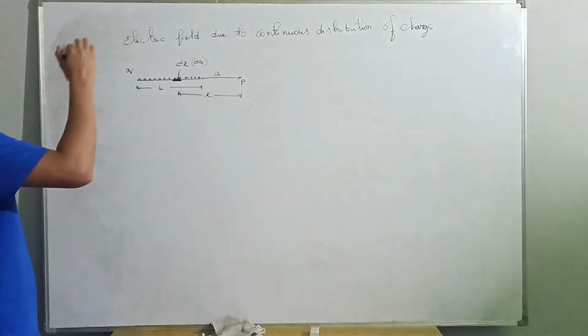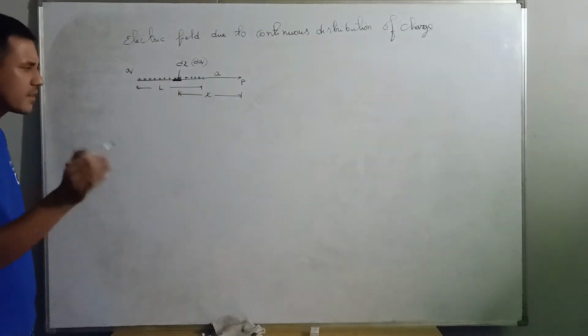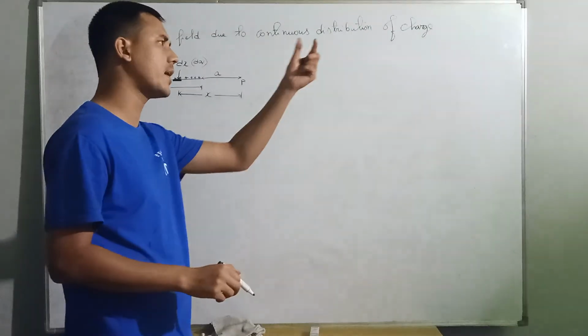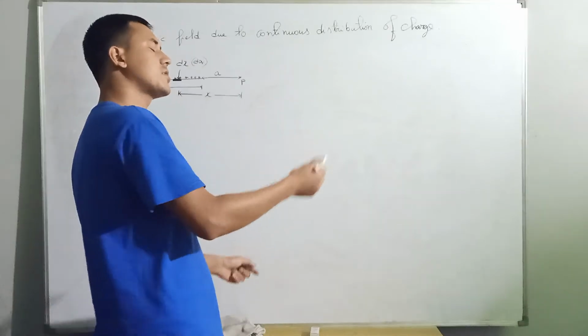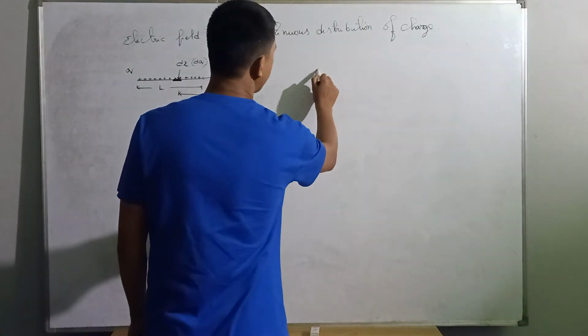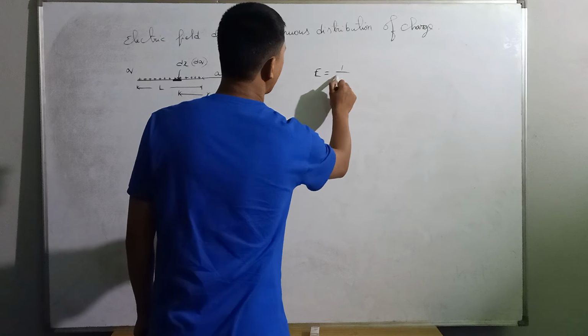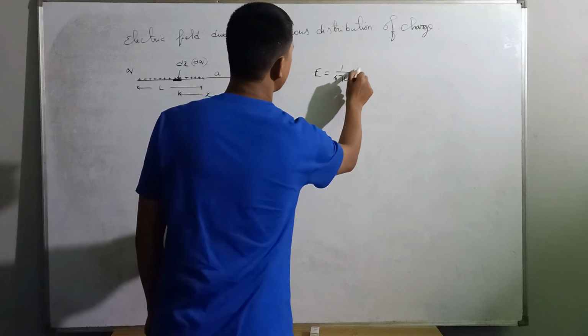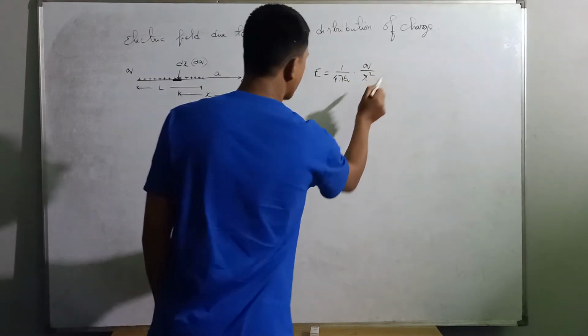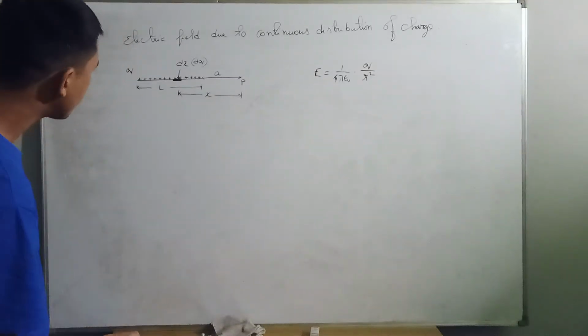Then, what is the relation of electric field at a point due to a source charge Q? E is equal to 1 by 4 pi epsilon naught into Q by R square. I'm going to use this concept.